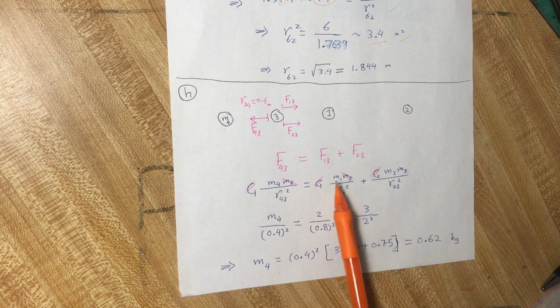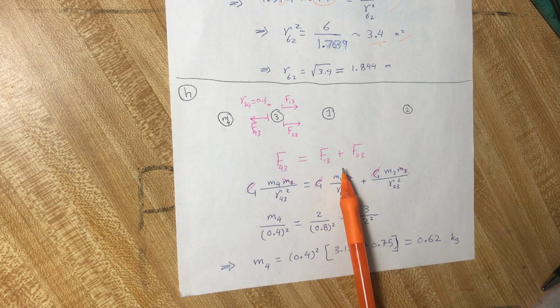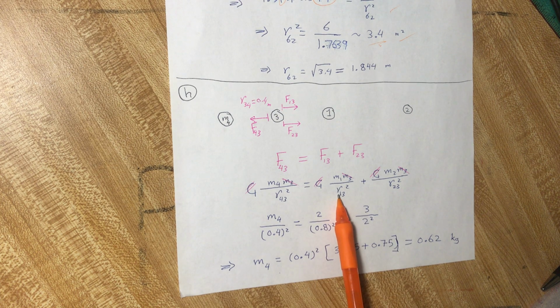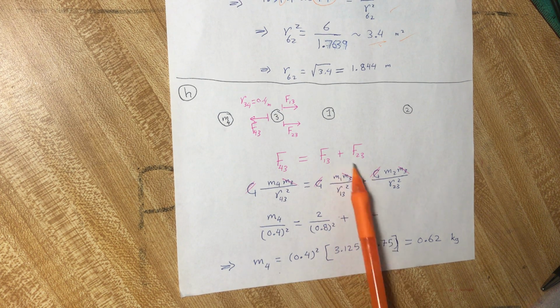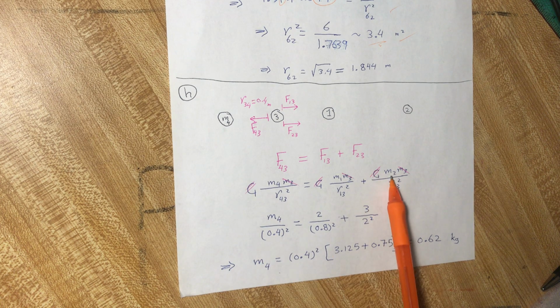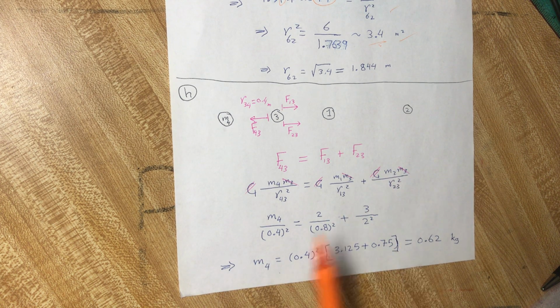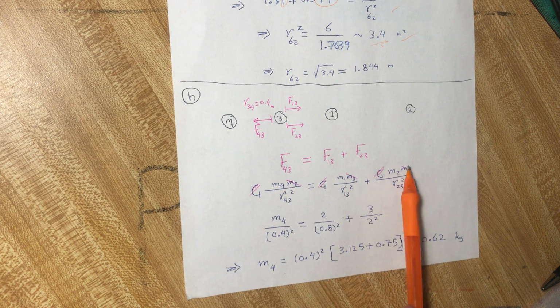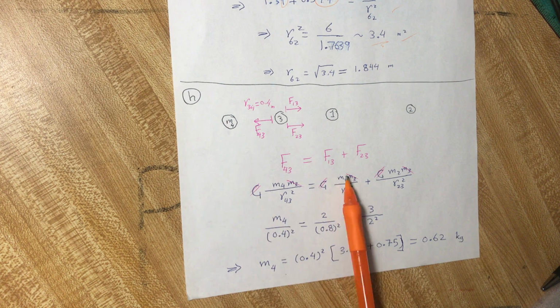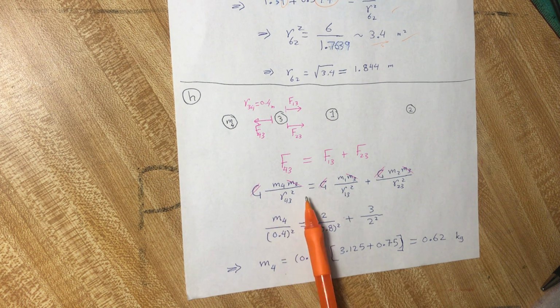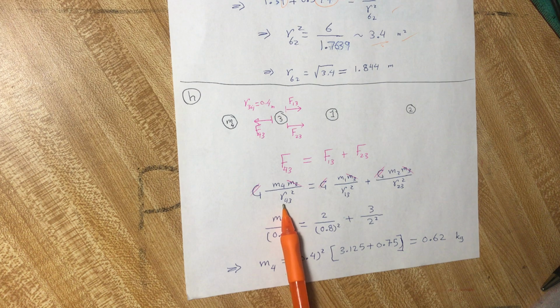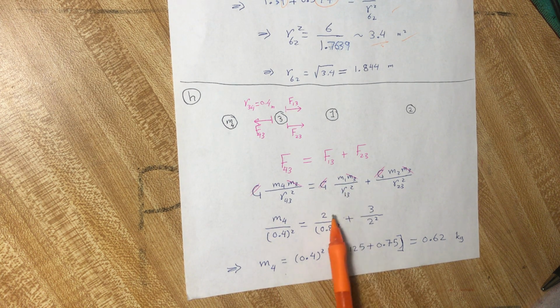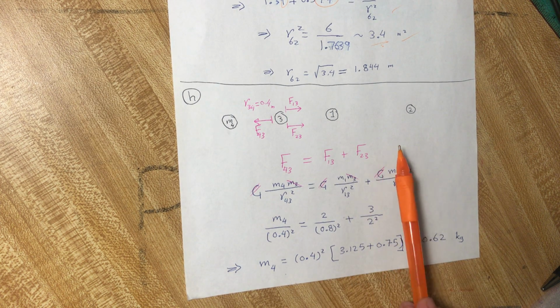The force from 1 on 3 is G multiplied by M1 M3 over R13 squared plus F23 is equal to G M2 M3 over R23 squared. Okay, M3 now is common in all the terms. I can cancel it. G also can be cancelled. Okay, so I have M4 over R43 squared equals M1 over R13 squared plus M2 over R23 squared. The same distance, okay, there's no change.